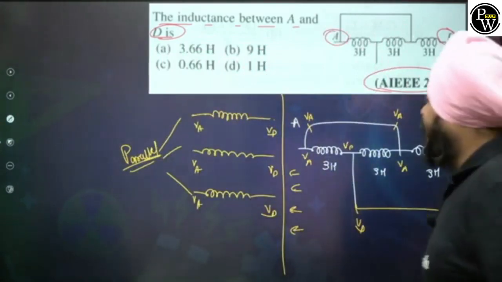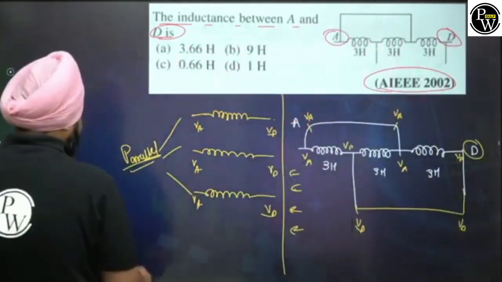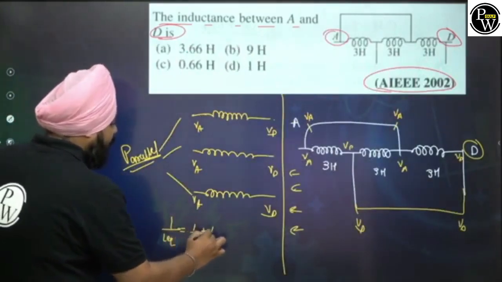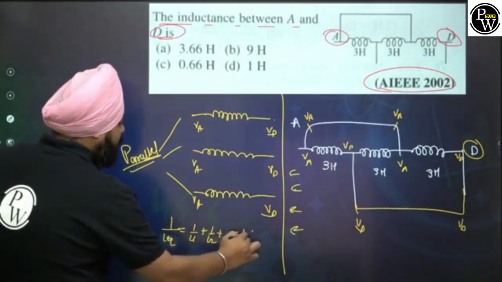Whenever they are connected in parallel, the simplest thing I want to represent is 1 by L equivalent equals 1 by L1 plus 1 by L2 plus dot dot dot plus 1 by Ln.